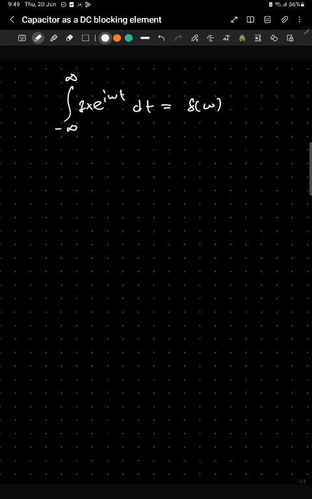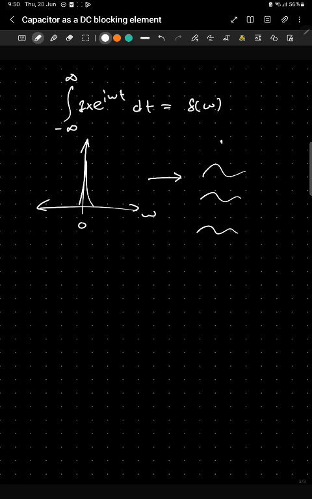So basically, this tells us that if you want a wave in frequency space that is localized like this, localized at omega equals 0, then you have to add a whole bunch of sine waves of all the frequencies, ranging from minus infinity to infinity, all of the same amplitude 1.